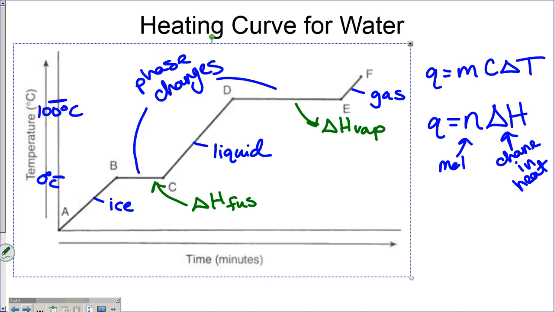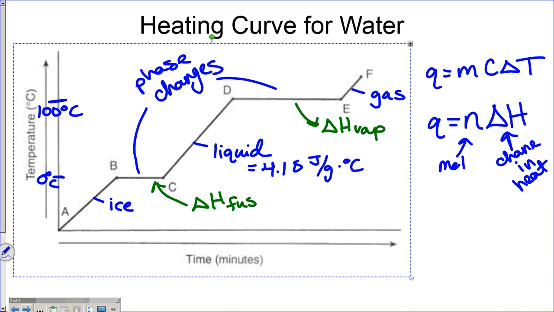I told you you have to know the specific heat of liquid water. That was that 4.18 joules per gram degrees Celsius. If it is something with ice or gas, you will be given those values, but remember they have a different specific heat than liquid water.